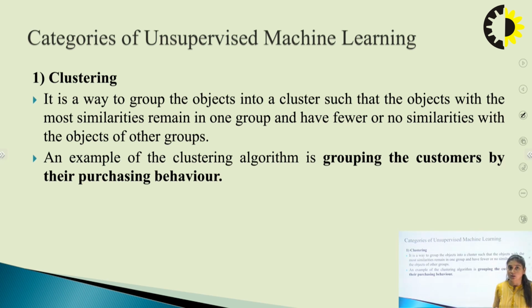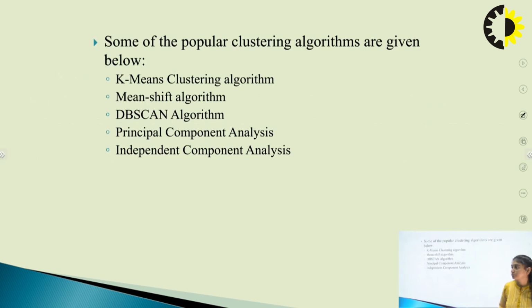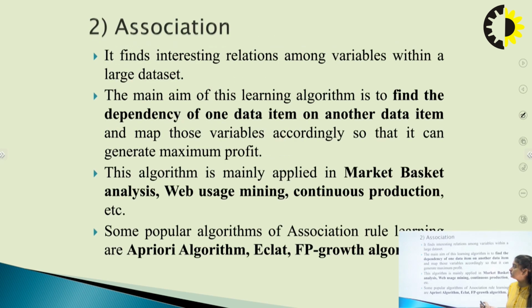So that is all about clustering. Now there are some algorithms which fall under clustering algorithms. First is the k-means clustering algorithm, then mean shift algorithm, DBSCAN, PCA, and independent component analysis. All these algorithms come under unsupervised machine learning.